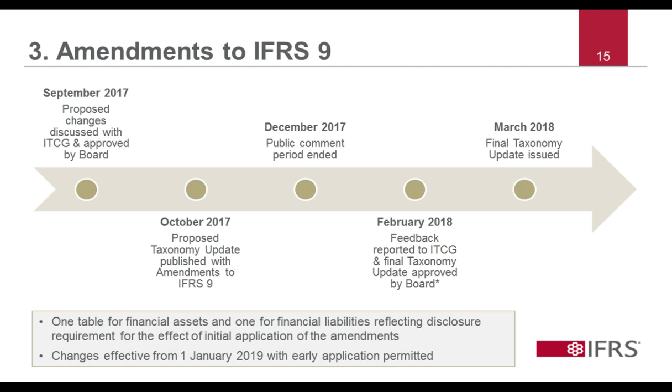As with other changes, the board and ITCG discussed the change before September 2017, and then in February 2018 to discuss the feedback that we have received on the public consultation. And then after all that, we included those changes in the annual taxonomy in March 2018.